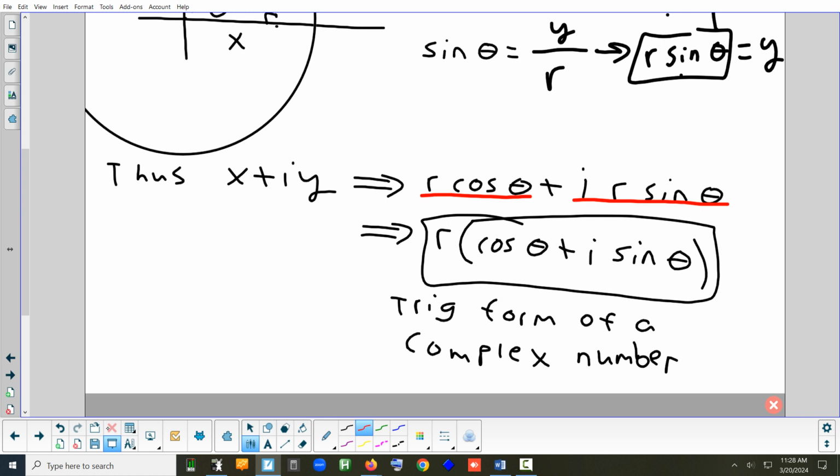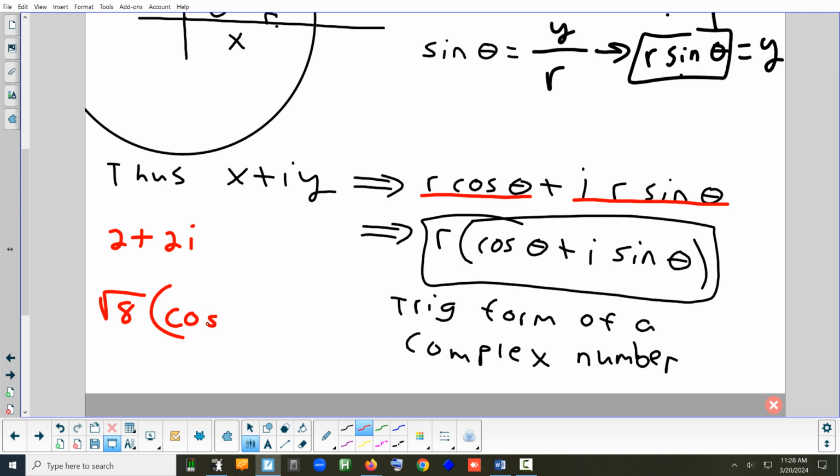So let me show you an example of a final answer for a complex number in trig form. Let's say I had this. I'm keeping the two numbers the same because the angle is easy for me to do in my head if I do that. In trig form, it would be square root of 8 cosine.